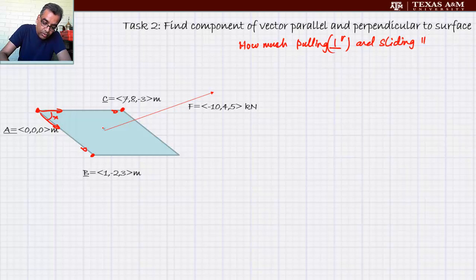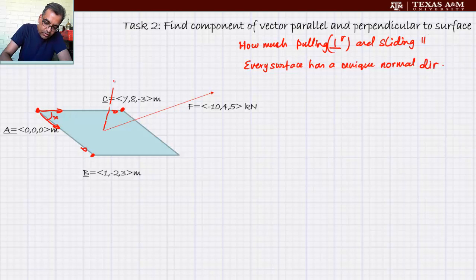But the main thing to notice is that every surface has a unique normal direction, which means it has a unique direction that goes like that. How do you find this? This normal direction is given by AB cross AC divided by the magnitude of AB cross AC.